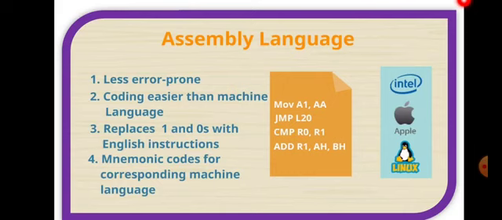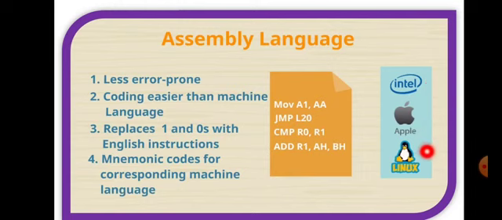So what do you mean by that? It is specifically meant for a particular computer architecture or an operating system. Here 3 examples are given. One is Intel. Based on this, assembly language can be written. Based on Apple, an assembly language can be written.